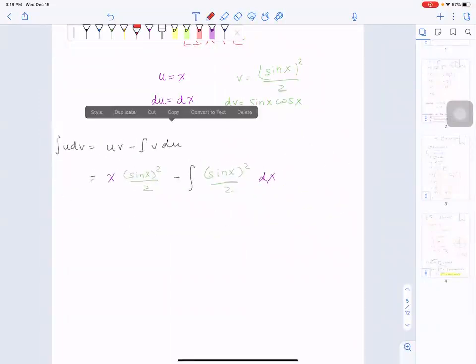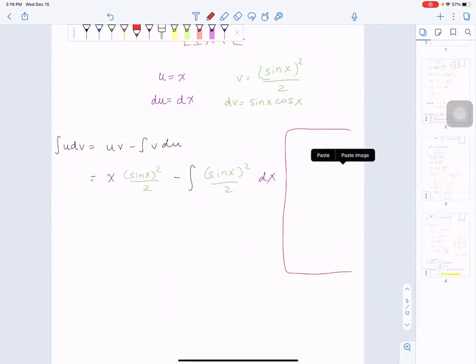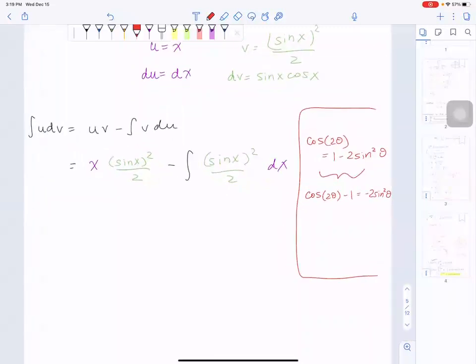So it turns out that in this question, I guess they were assuming that you wrote down all the trig properties maybe. But remember from the double angle properties that cosine of 2 theta equals 1 minus 2 sine squared theta. So if we simplify it, cosine of 2 theta, subtract 1 on both sides, equals negative 2 sine squared theta, and then you divide by negative 2 on both sides, which gives you that sine squared theta equals cosine of 2 theta minus 1 over negative 2.